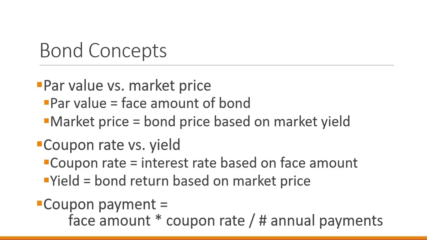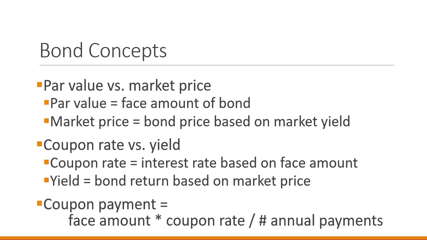The bond might be sold from one investor to another, and that sales price is going to be based on what market rates are at the time of the bond sale. And as we've already mentioned, because market rates change, actually they're constantly changing, and bonds are issued at a fixed rate, then that change in relationship between the coupon rate of the bond and the market interest rate, or the market yield, affects bond pricing.